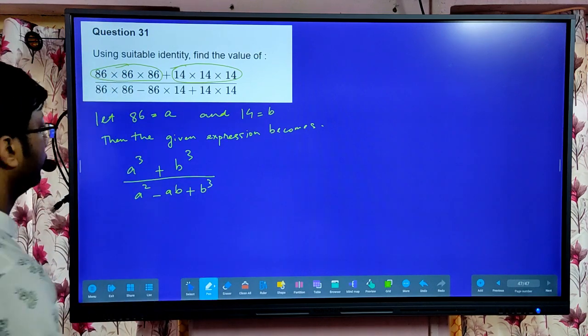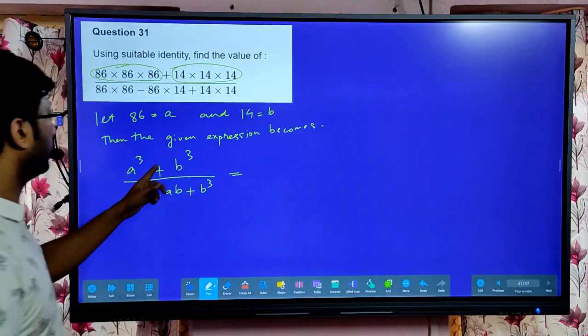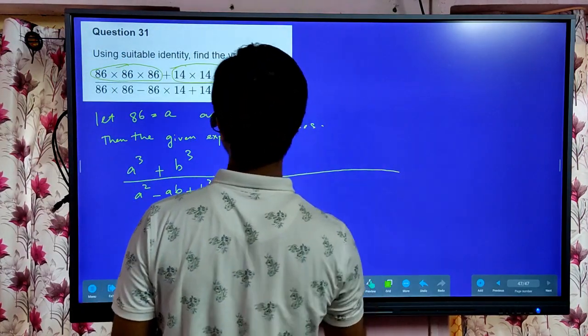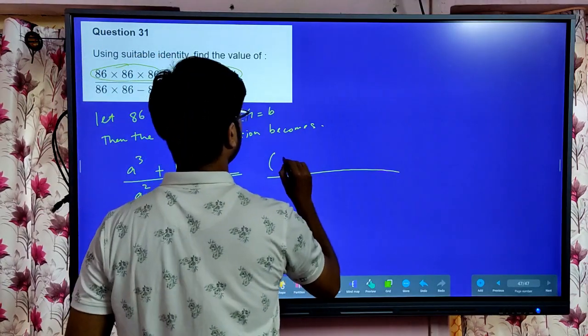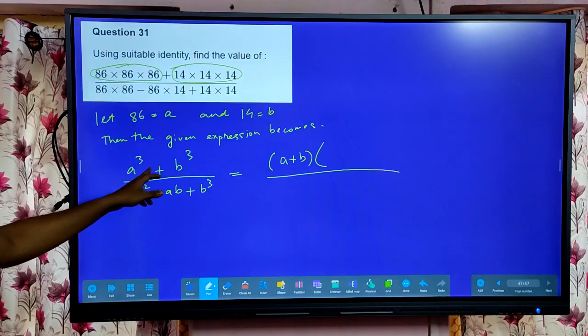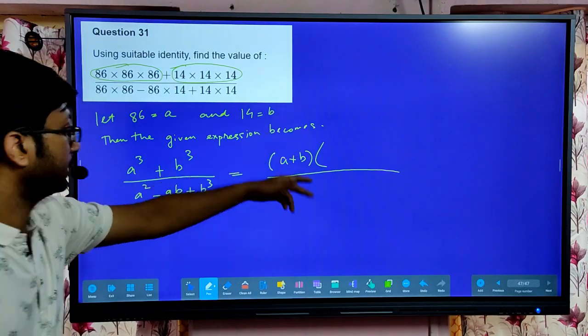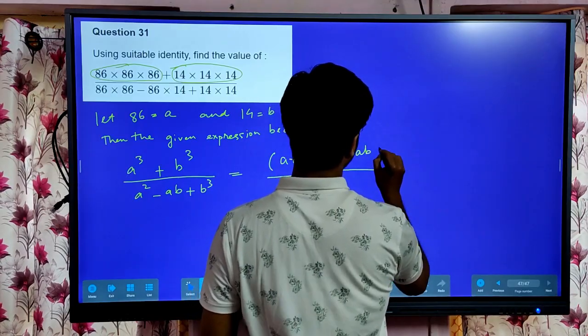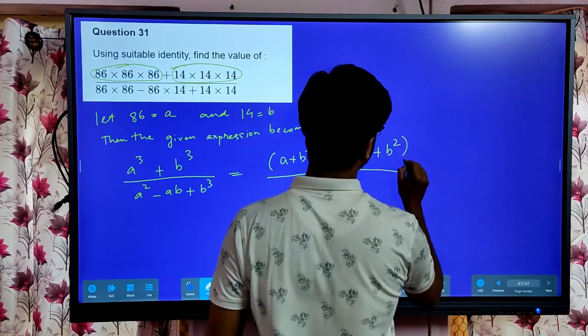We put the formula of A cube plus B cube, which is A plus B into A square minus AB plus B square.